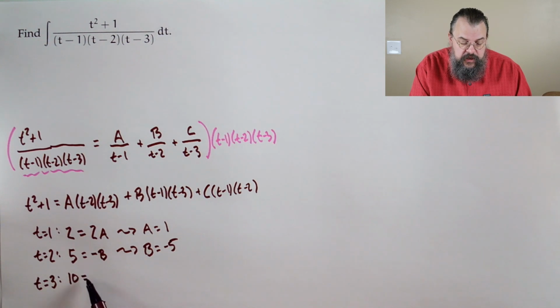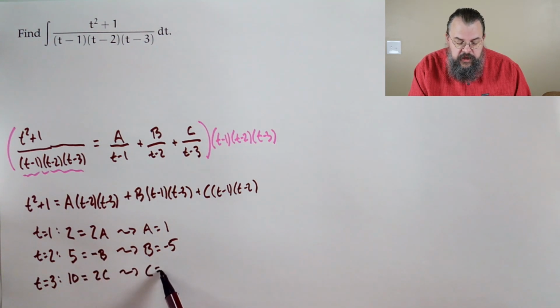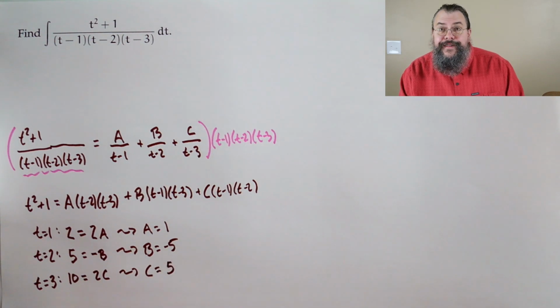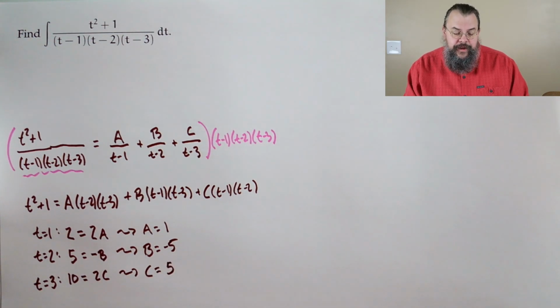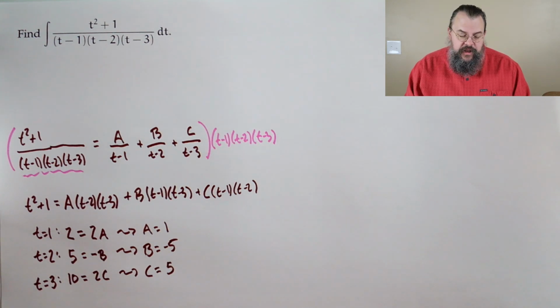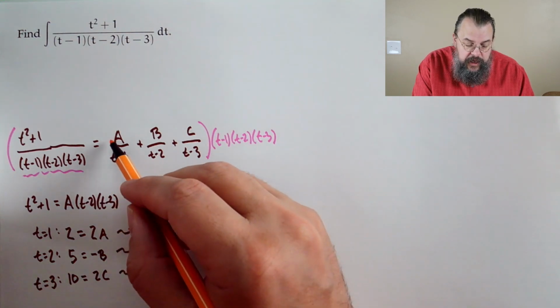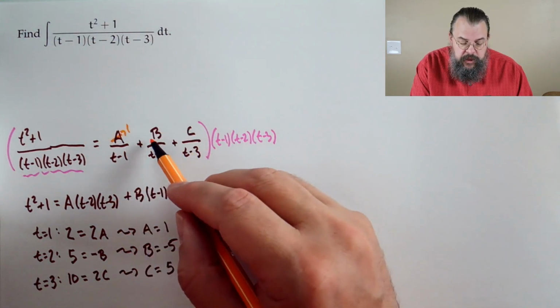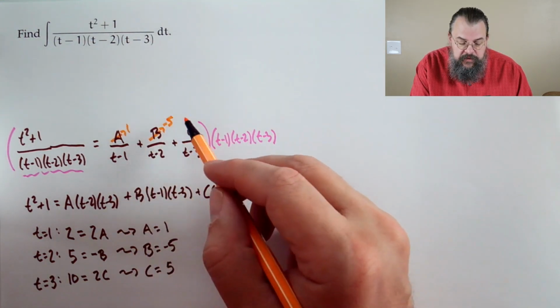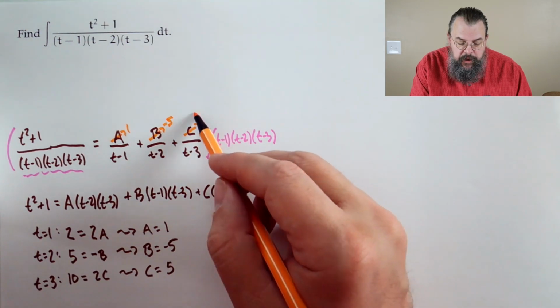So 10 is equal to 2C. Okay, so C is positive 5. Great. Wonderful. So that tells us we know our right choices for A, B, C. So A is 1, B is negative 5, and C is positive 5.